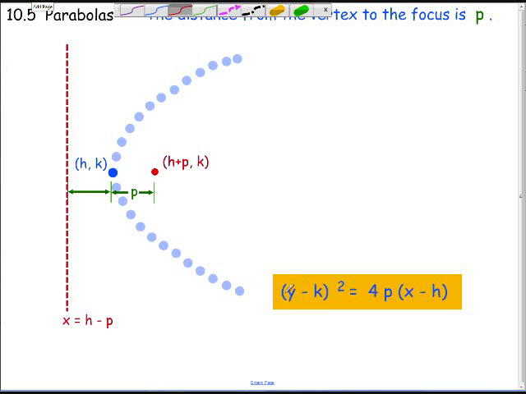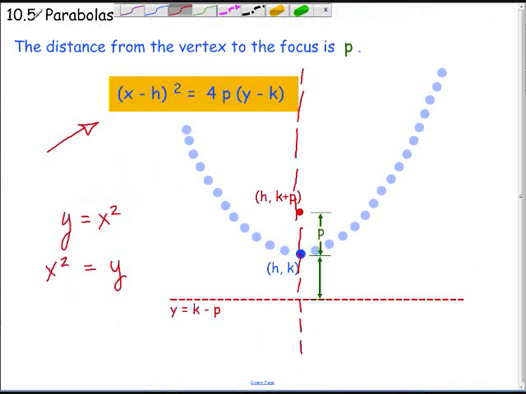In this case, the y term is squared, and the x term is linear. And this gives you an axis of symmetry that's horizontal. So keep that in mind.